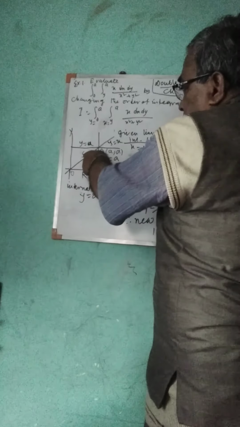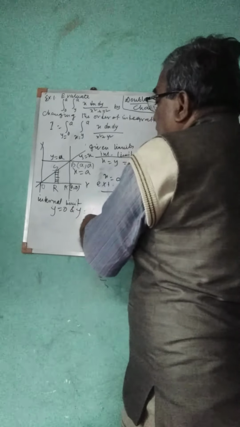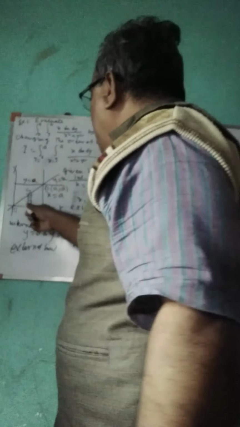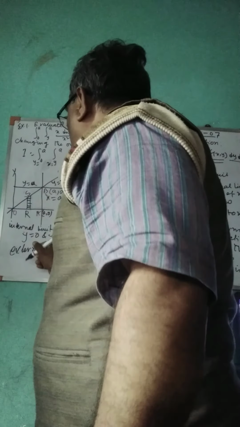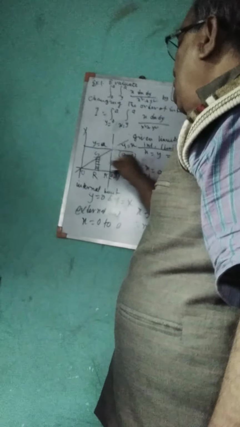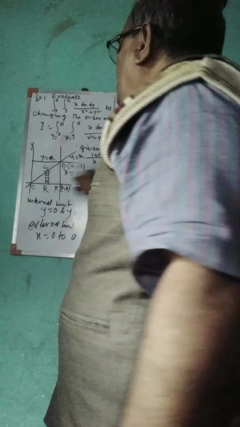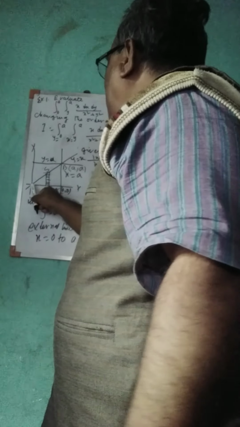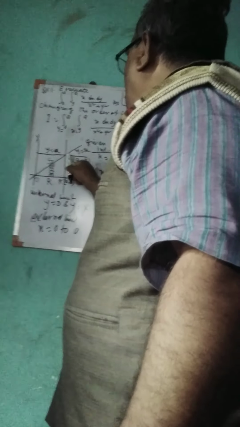Because this is y equal to 0, y equal to x. If we move the strip from left to right, it touches at 0 and goes up to a. So the external limit is 0 to a.